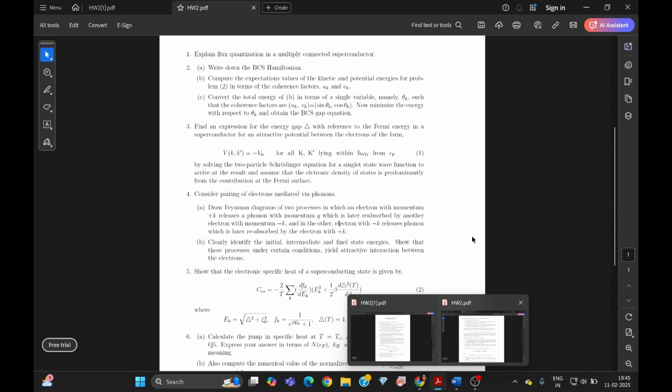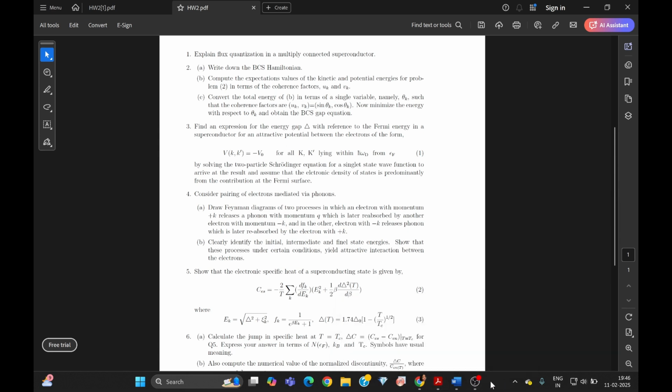In the first, an electron with momentum k releases a phonon with momentum q, which is later reabsorbed by another electron with momentum minus k. In the other, the electron with minus k releases a phonon, which is later reabsorbed by the electron with plus k. This is very much evident, and sir has already drawn this type of thing in the course.